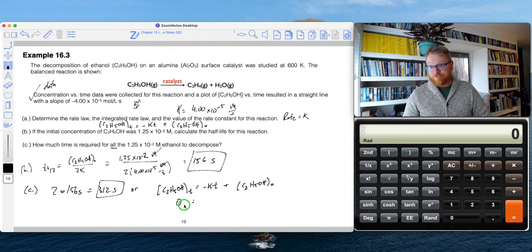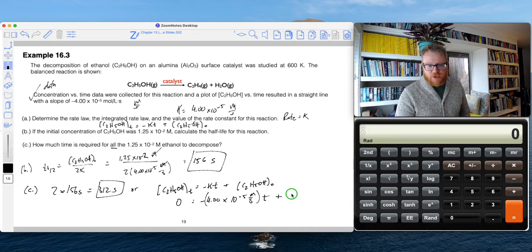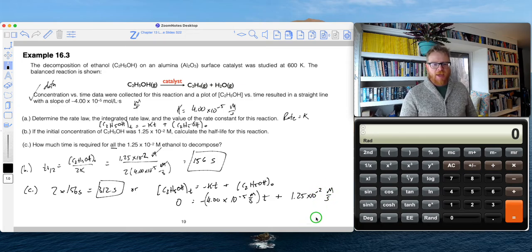It's all reacted. Okay, so k is positive, but there's a negative sign in the equation. So 0 equals negative 4.00 times 10 to the negative 5th molarity per second, with a parenthesis around it, times t, plus the initial concentration, 1.25 times 10 to the negative 2 molarity. And so now what we want to do is solve for t.